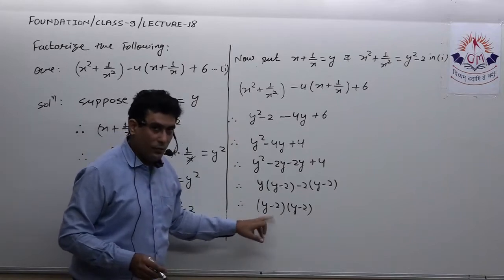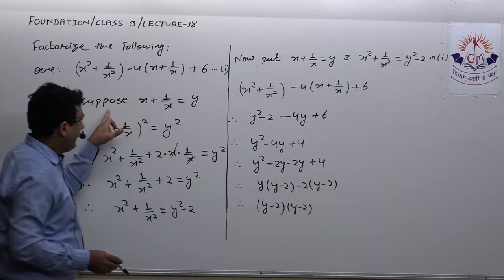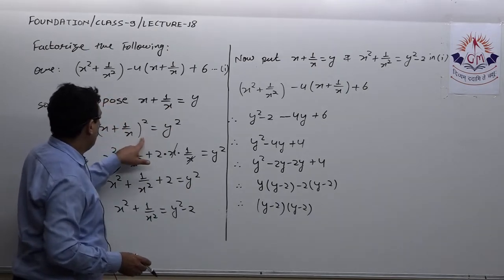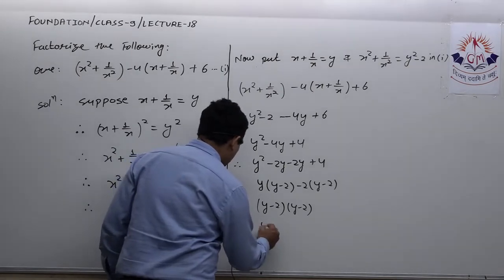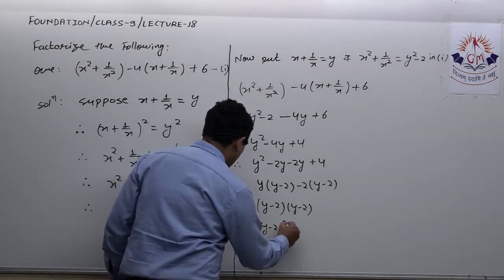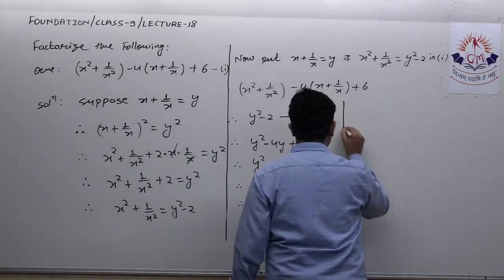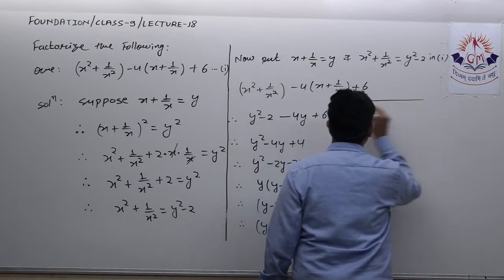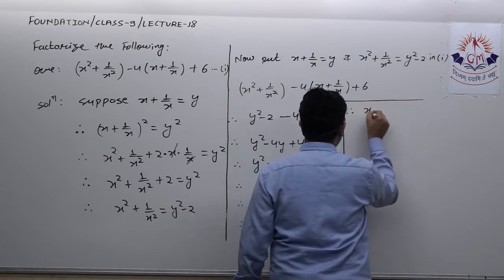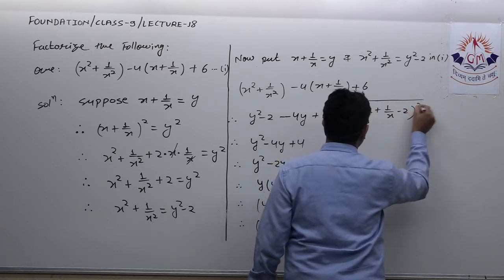So now I will replace the value of y by x plus 1 upon x. Therefore, here I can write y minus 2 whole square as well. Okay, so further over here I get x plus 1 upon x minus 2 whole square.